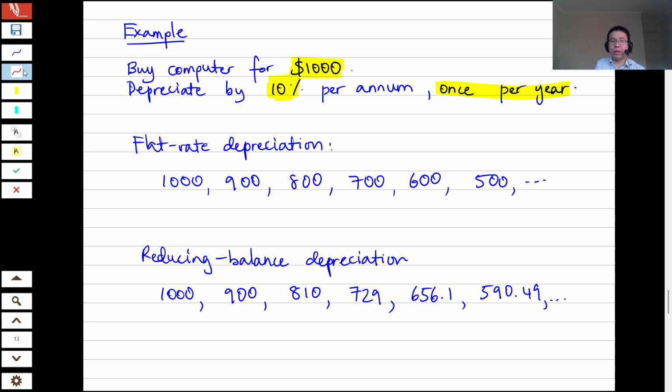If I were to use the flat rate depreciation method, I would first start by finding 10% of 1,000, and that's 100. So every year, I will reduce the value of the computer by 100, like so.